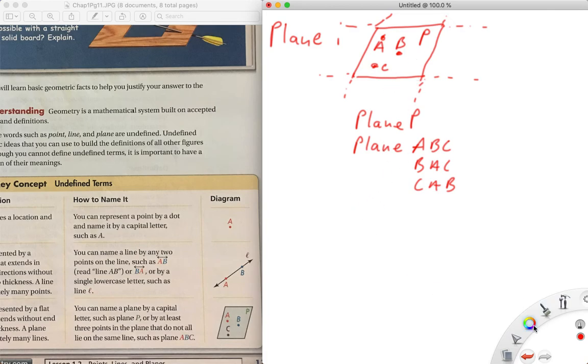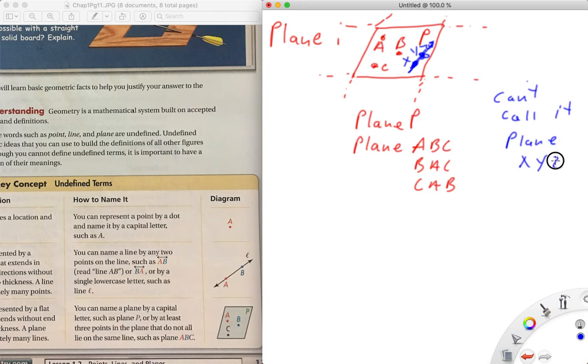So if I had a situation where I had some line on the plane, and let's say I called the points XYZ. Sorry, I can't write this. What I can't call it is plane XYZ.